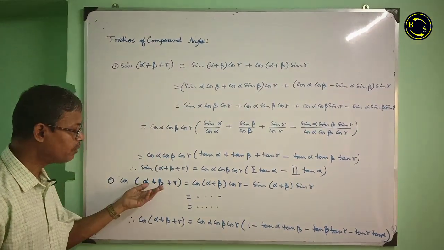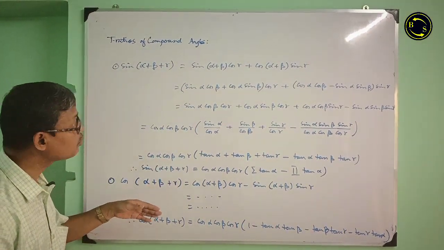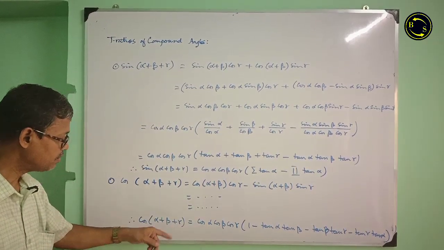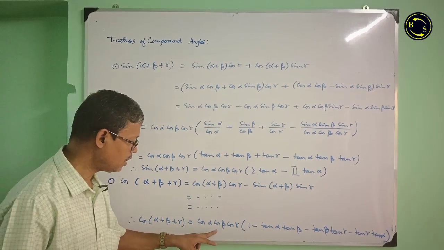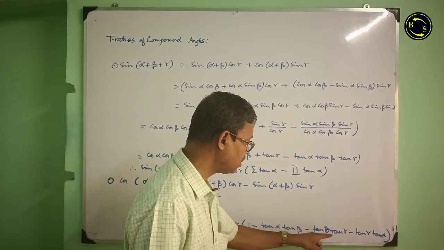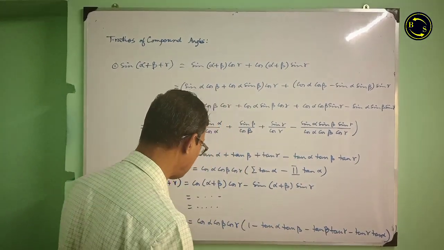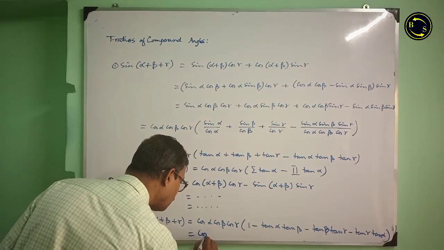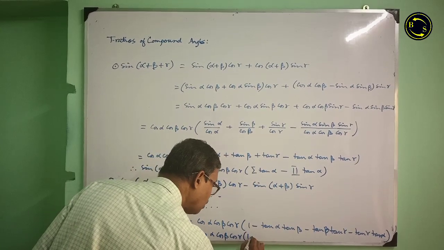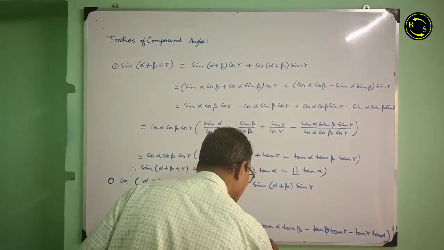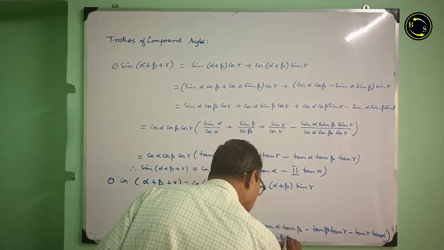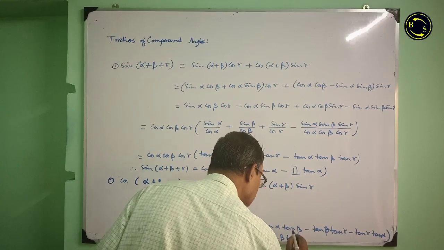Then for cos of alpha plus beta plus gamma, if we proceed similarly, then we will get this form. Cos of alpha plus beta plus gamma is equal to cos alpha cos beta cos gamma within brackets 1 minus tan alpha tan beta minus tan beta tan gamma minus tan gamma tan alpha. We can also express in short form cos alpha cos beta cos gamma 1 minus summation tan alpha tan beta.